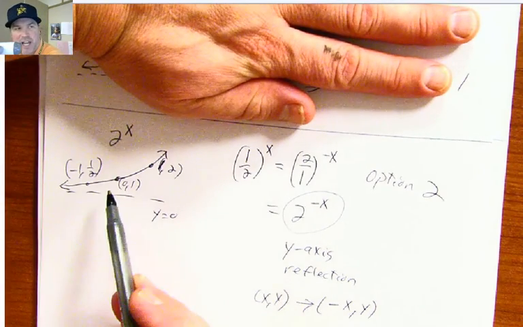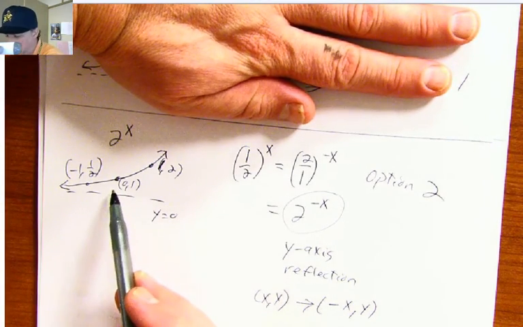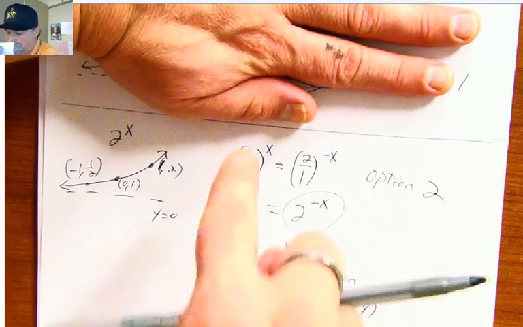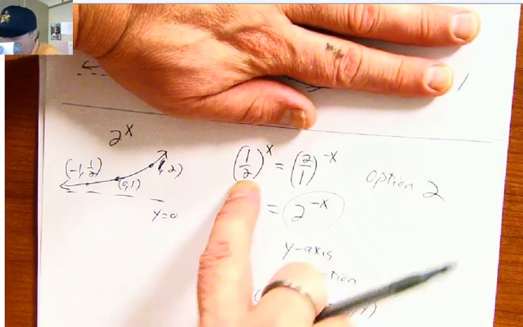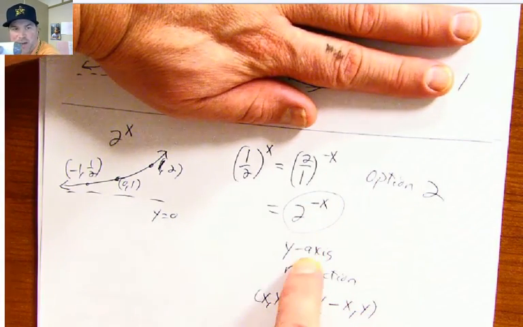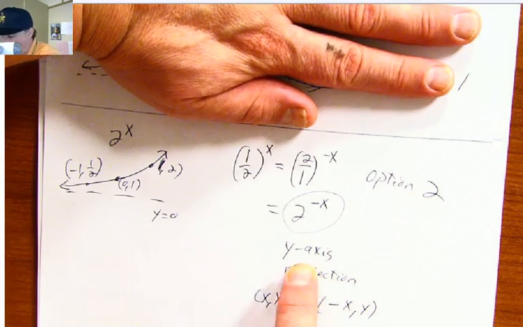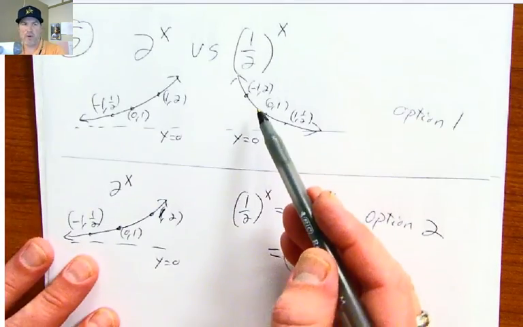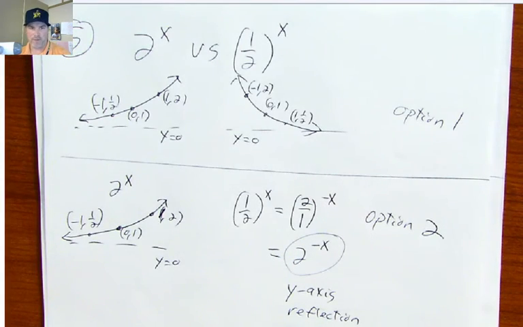I only like to memorize one parent function, and then I like to think about y-axis reflection. So when I'm given an equation like this, I alter the equation so that it looks like this, and then I graph this equation. The other option is to simply memorize that there are two separate parent functions for exponential equations.